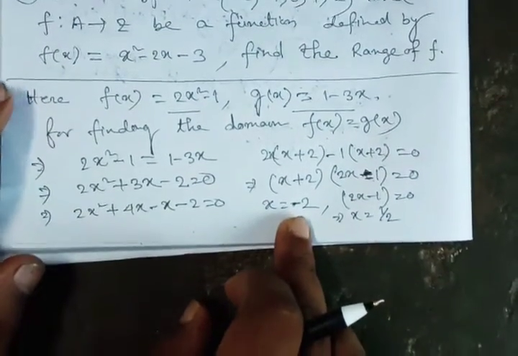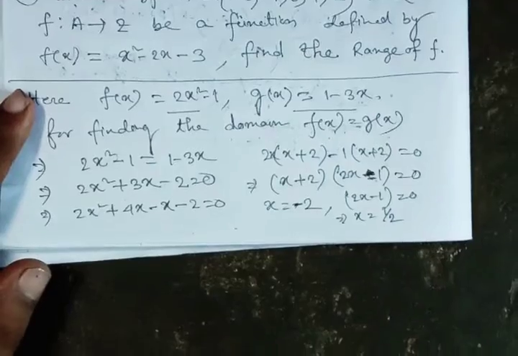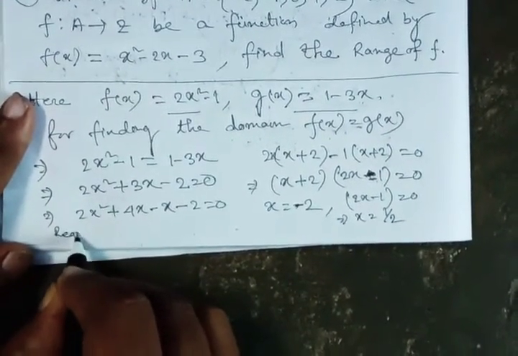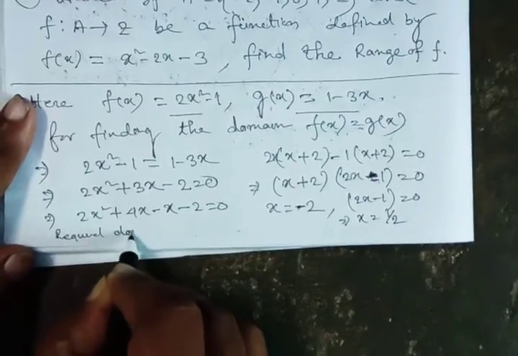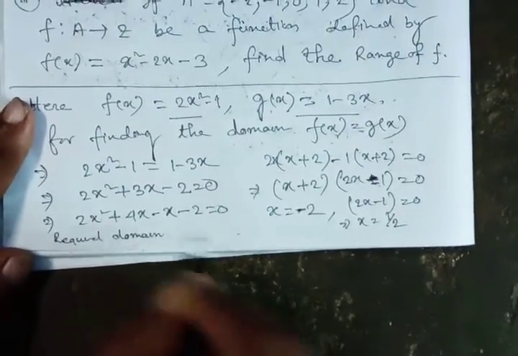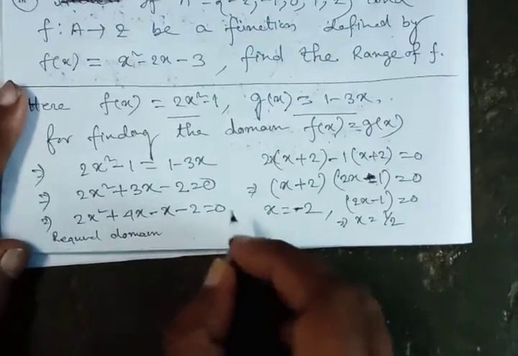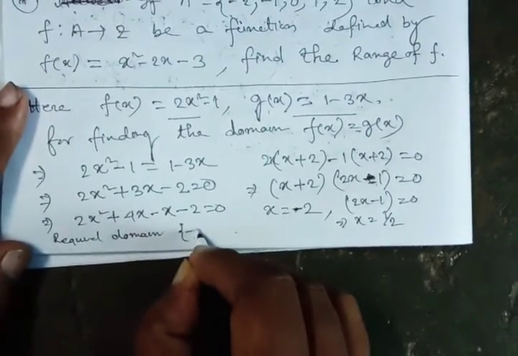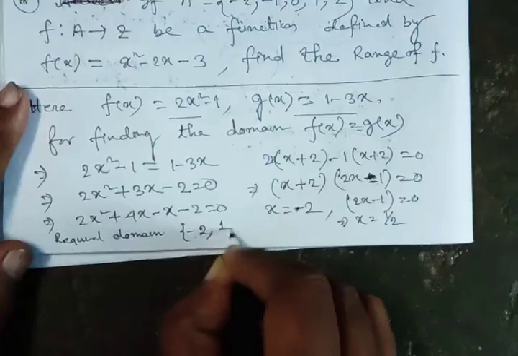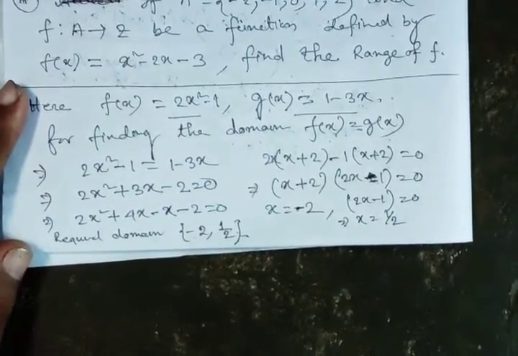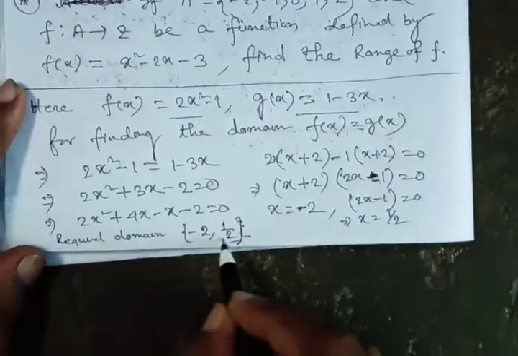So, the required domain should be −2 and half.